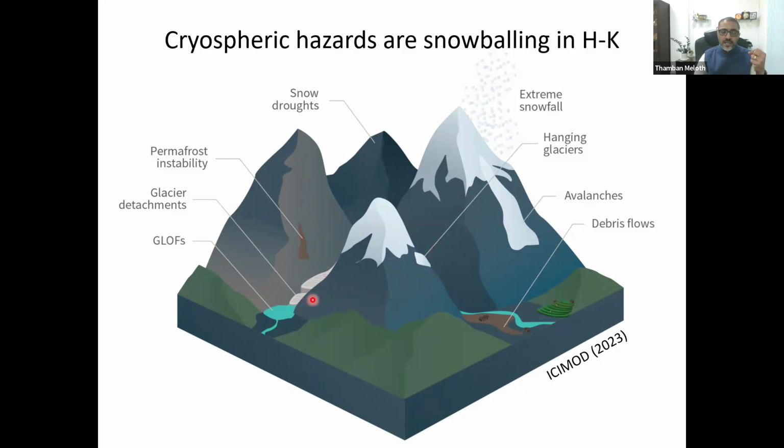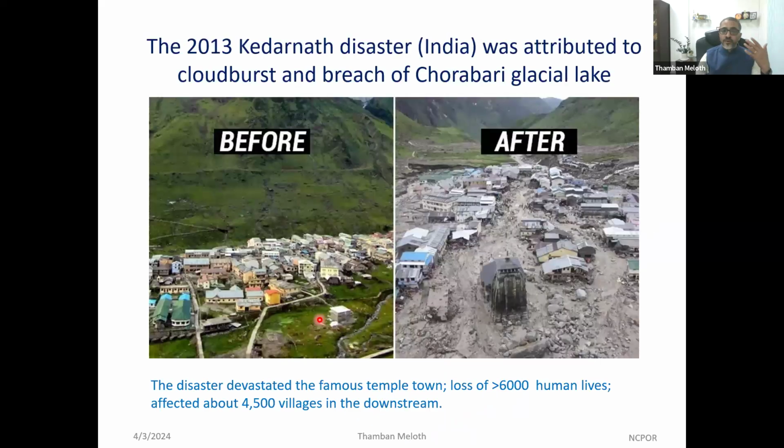These glaciers also detach in some of the valleys where lakes already exist, which constantly expand, and in extreme cases they lead to a glacial lake outburst flood. We have already been clearly seeing in the Himalaya, year after year, very large events taking place for the last several tens of years now.